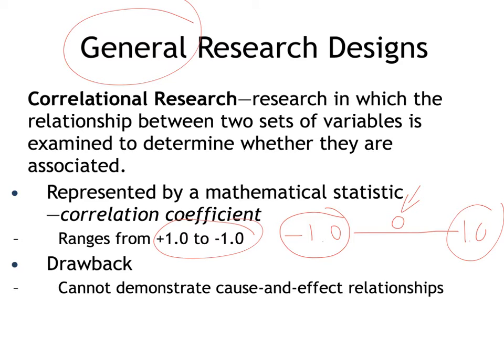Now, this would be an association or a correlation between ice cream sales and crimes. However, it is not stating that the more ice cream we sell, the more crime that is committed. This is basically pointing toward a relationship or an association between these two.